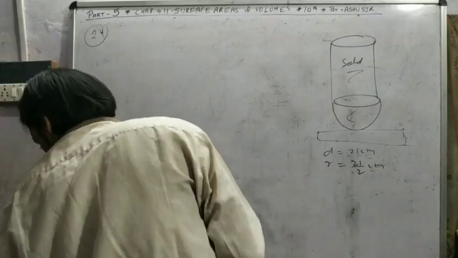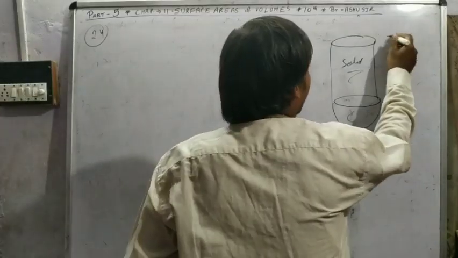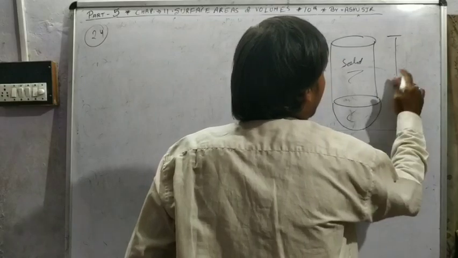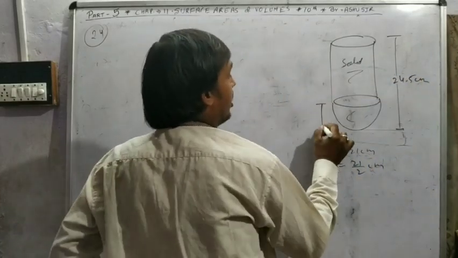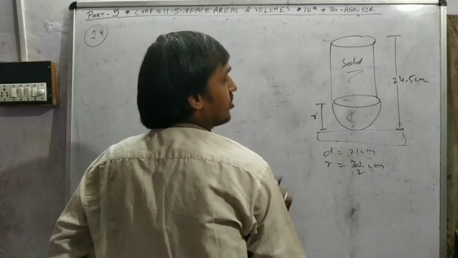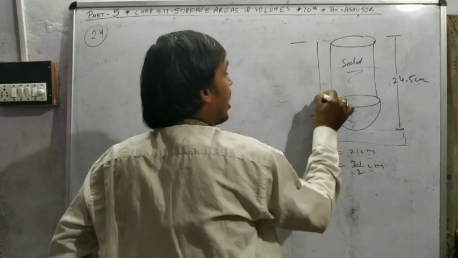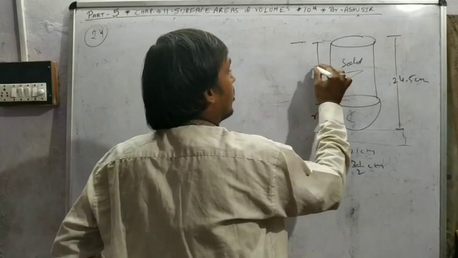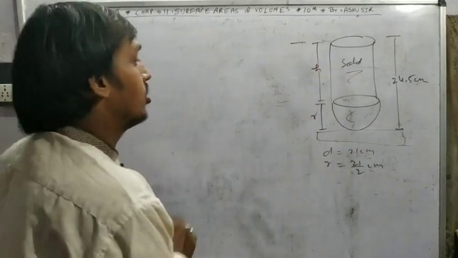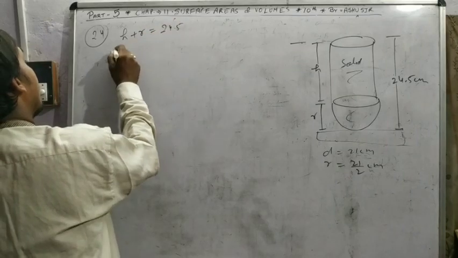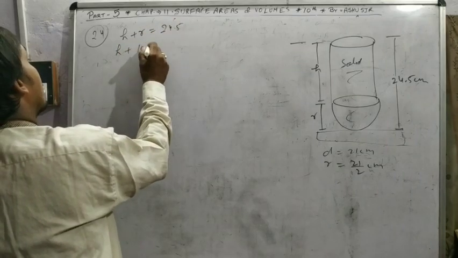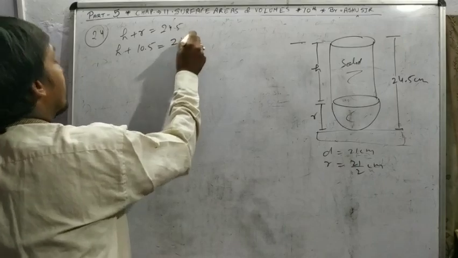Then the total height is 24.5. So firstly, explain here: this is the radius, and this is the height of the cylinder. So h plus r equals 24.5, h plus 10.5 equals 24.5.